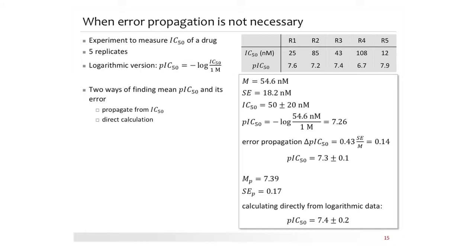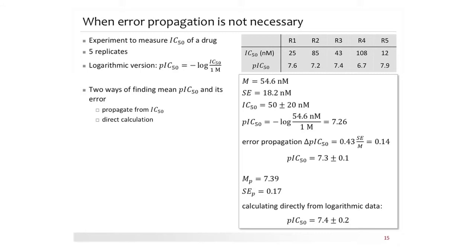And then you align the error and the number at the same decimal place and cut off non-significant numbers. So the result, to quote, will be 50 plus minus 20 nanomolar. This is our result. And then we can calculate pIC50 by taking a logarithm of this number divided by 1 nanomolar. This is 7.26.